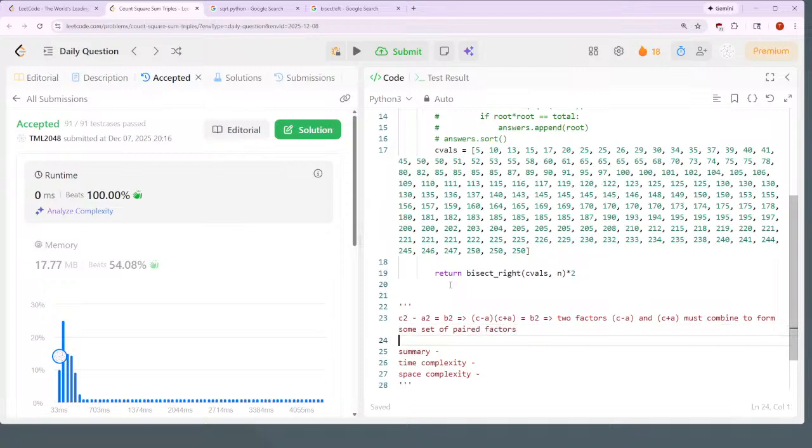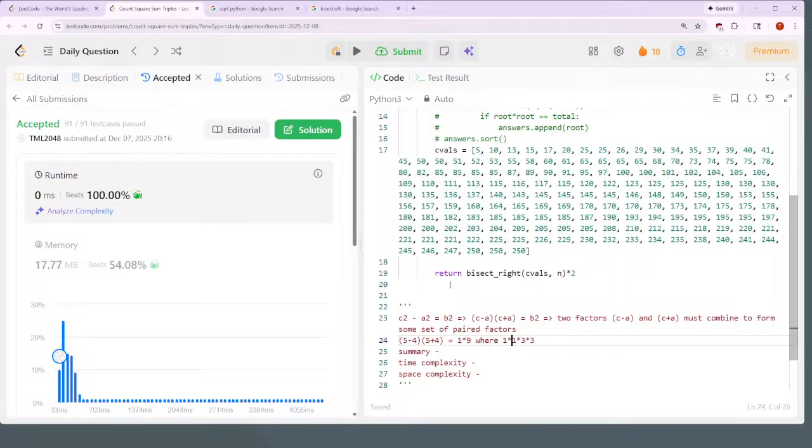So for instance, if I do 5 minus 4 times 5 plus 4, that gives you 1 times 9, where 1 times 9 is 1 times 1 times 3 times 3.